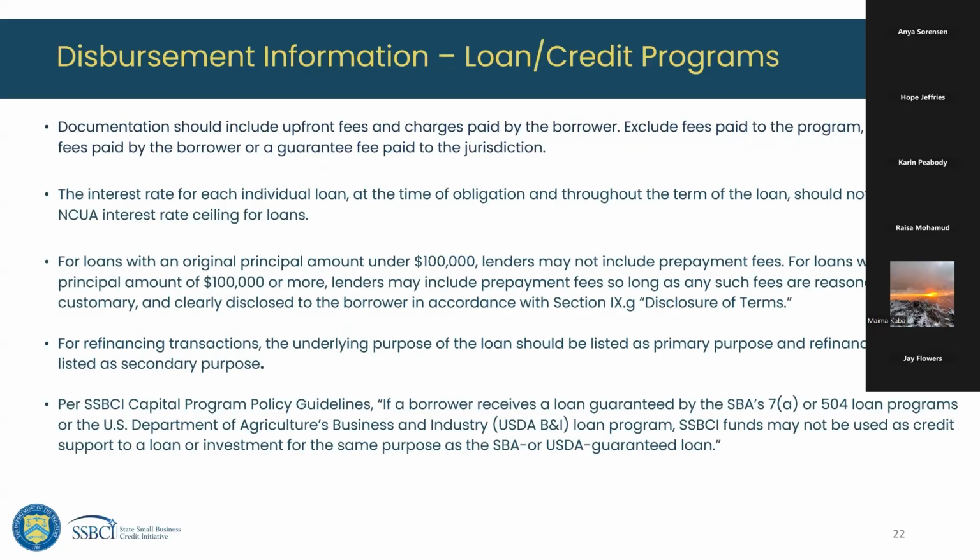Next, for loans with an original principal amount under $100K, lenders may not include prepayment fees. So please keep that in mind. Also, for loans that are over $100,000, lenders may include prepayment fees, so long as any such fees are reasonable, customary, and clearly disclosed to the borrower before the loan closing. This is per our guidance. I encourage you to look at section 10G and the relevant FAQs, including FAQ 1.